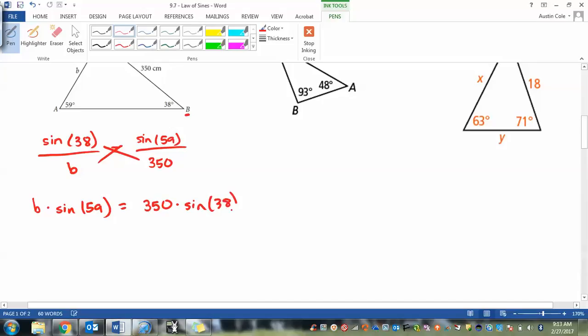Guys, one thing: I think it's a great idea to always put the number, like 350, in front of sine. And now to solve for B, what do I need to do? Yep, we're going to divide both sides by the sine of 59.